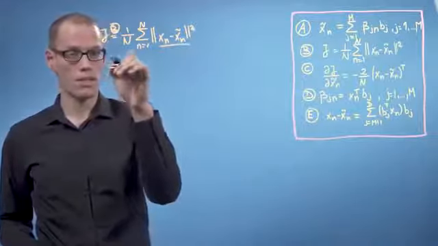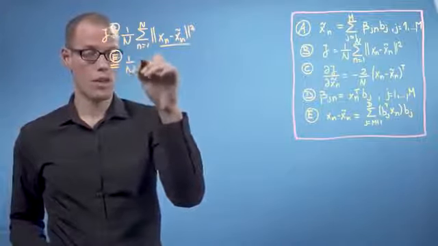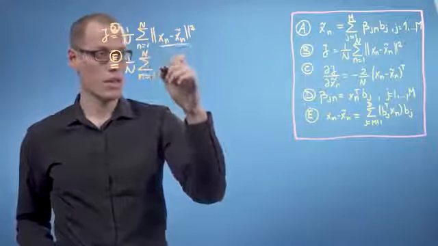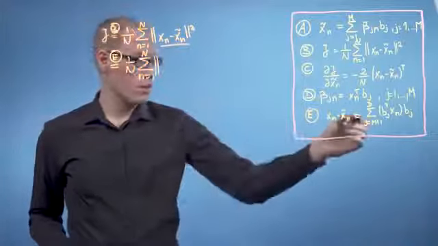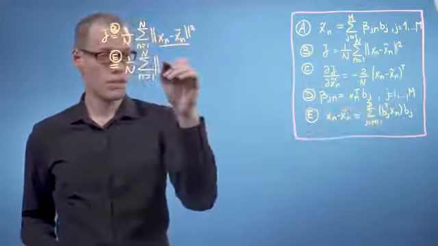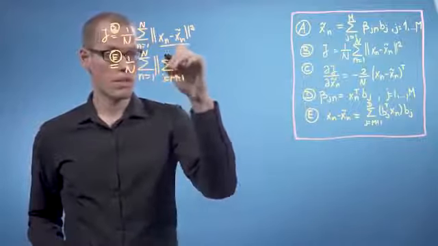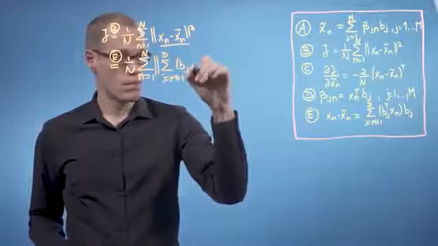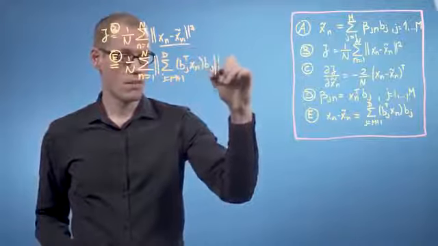So we rewrite this using equation E as 1 over n times the sum n equals 1 to capital N, and inside that squared norm we use this expression. So we get the sum j equals m plus 1 to d of bj transpose times xn times bj, squared.